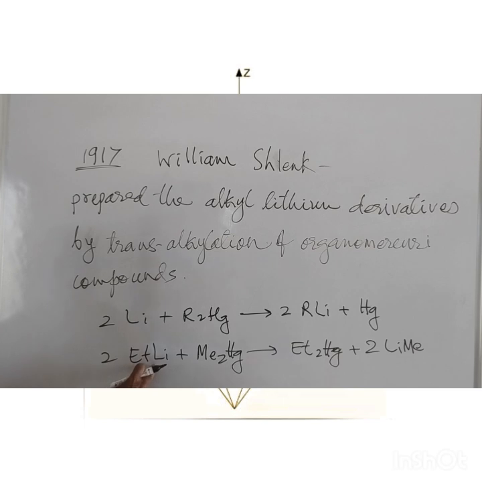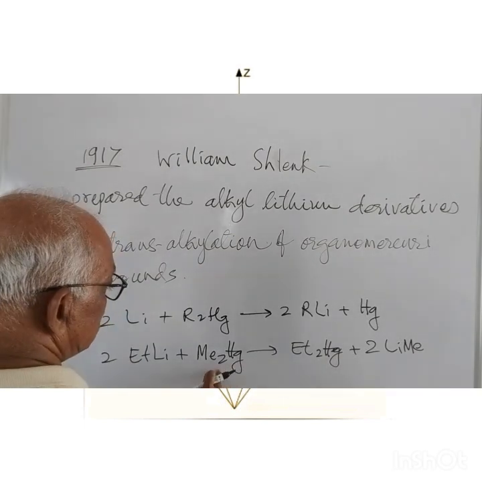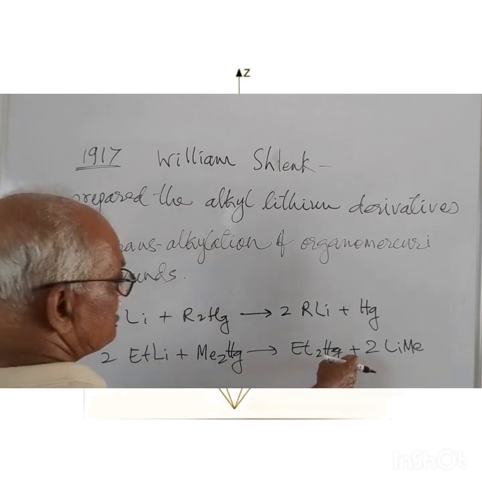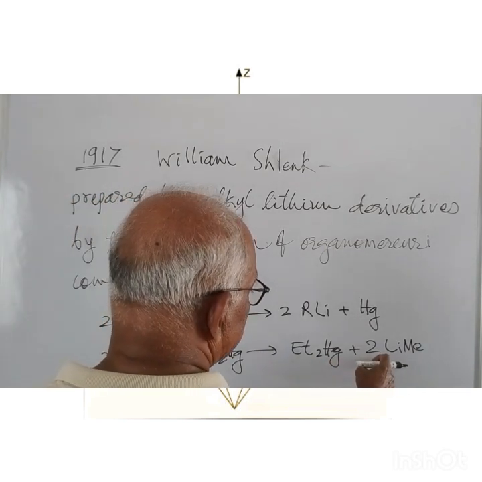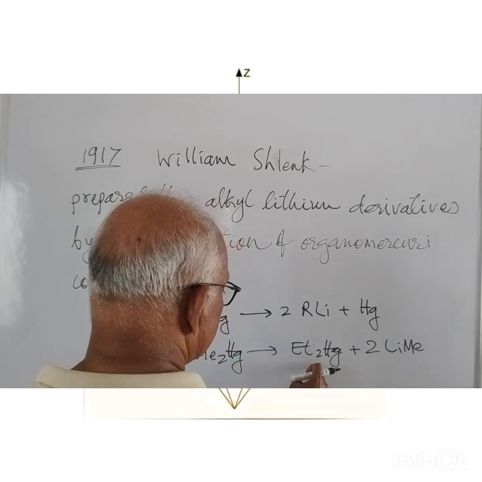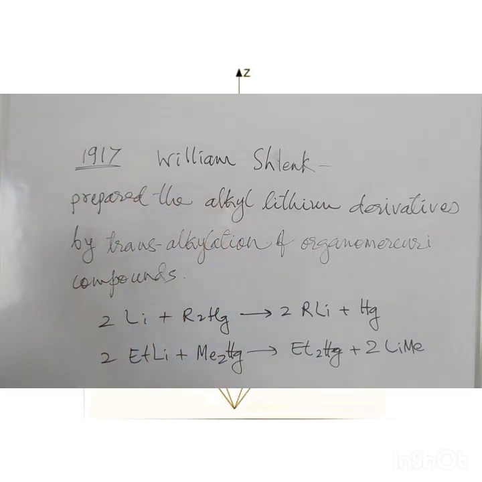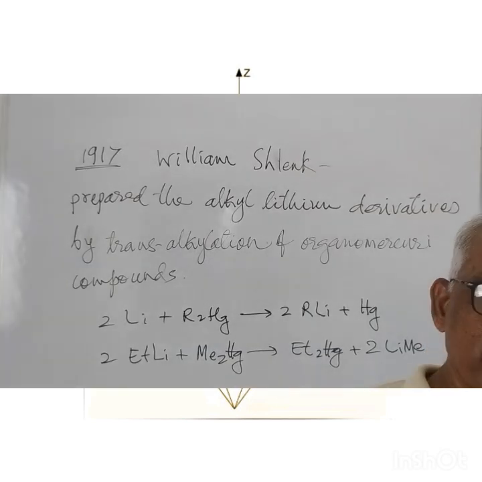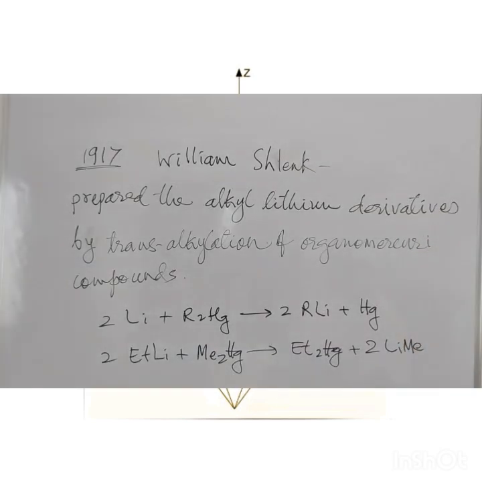Similarly, in the case of Me2Hg, these Me groups are captured by lithium, so you will get 2 MeLi and Hg. Grignard reagents are replaced by primary anionic reactive derivatives.